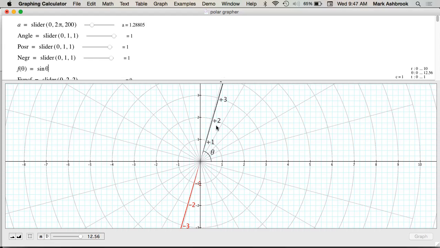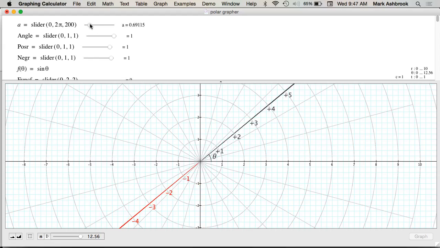So given a point in the plane, this is like 0.69 radians and something like 3.5, but just imagine it as any point, any theta and any value of r. The question is, what are the corresponding xy coordinates of that point?